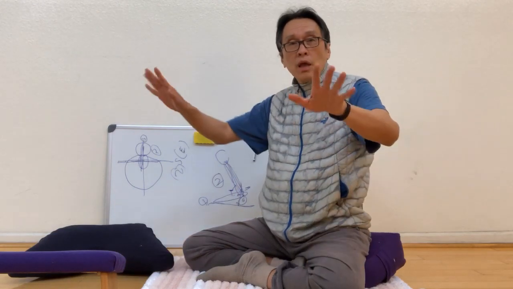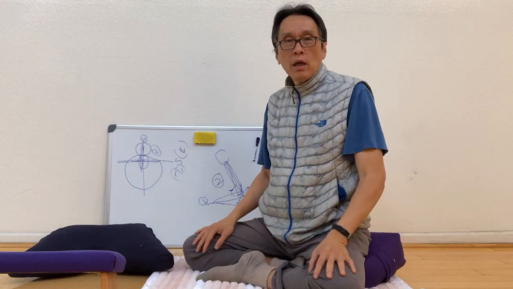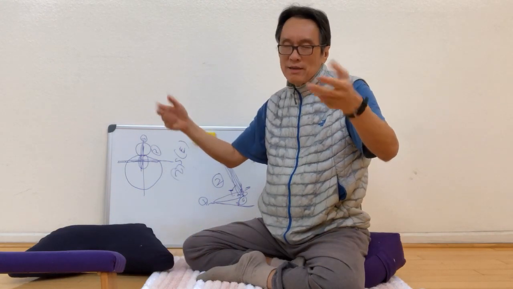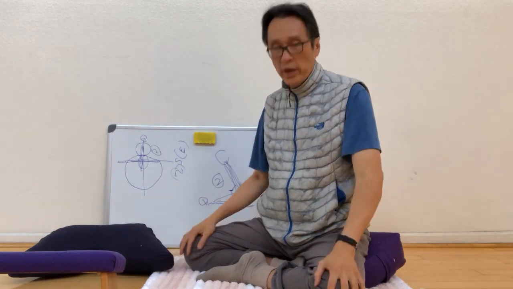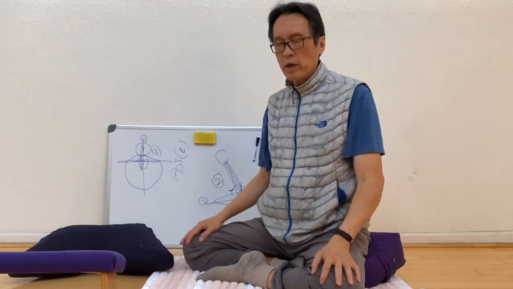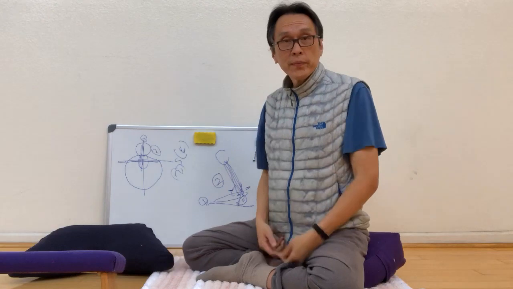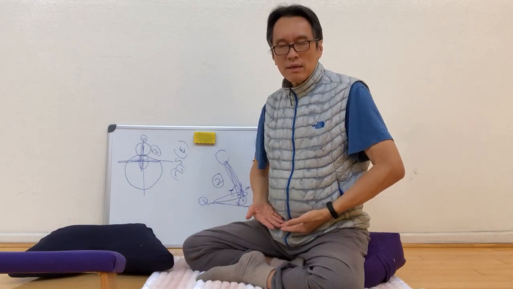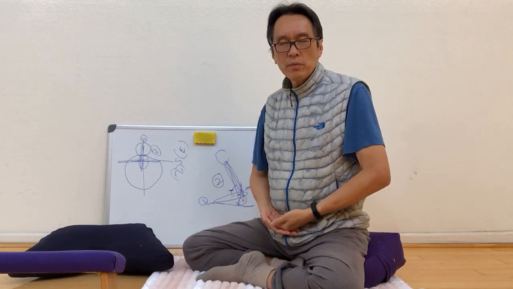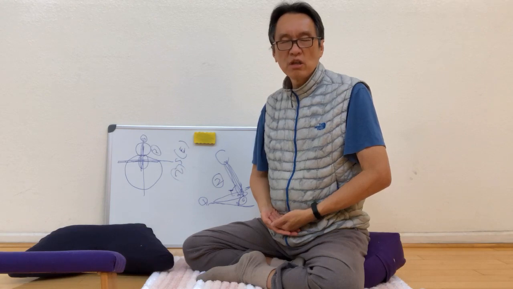Now, for the mudra, don't try to do all those crazy mudras. Just put your hands this way, downward. This is for people who have a yang deficiency, meaning they have energy, like a younger guy.